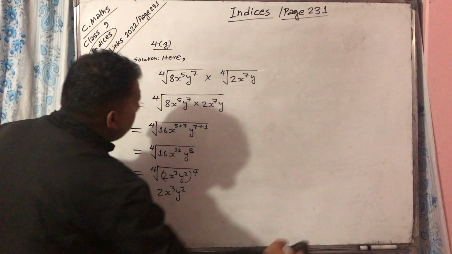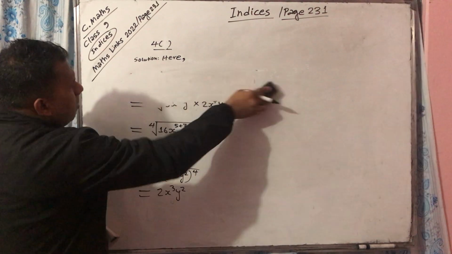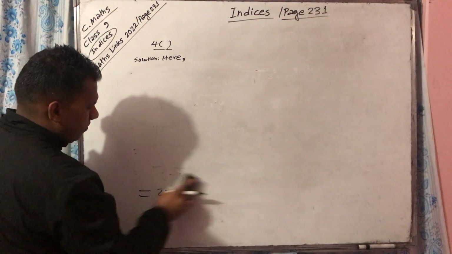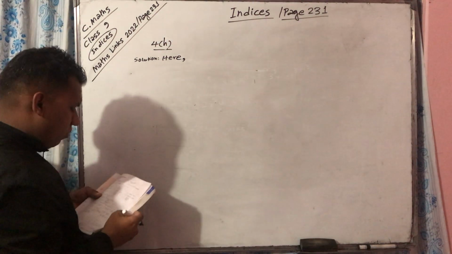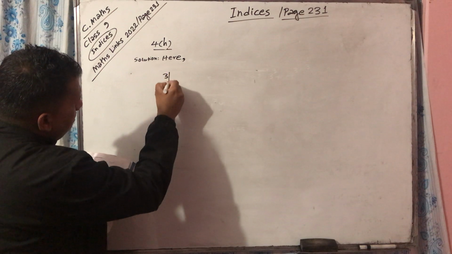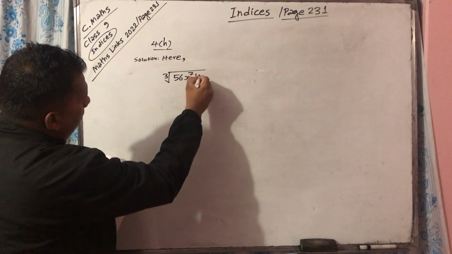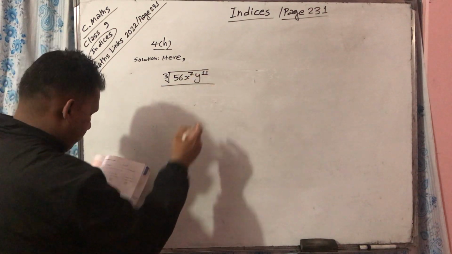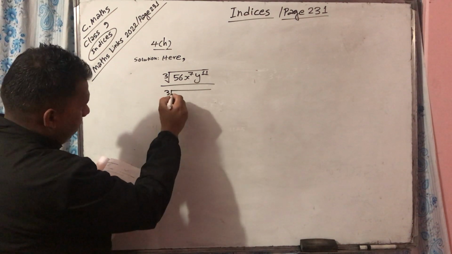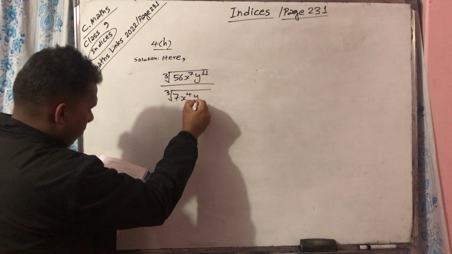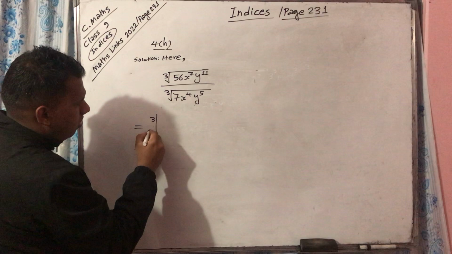Okay students, now question number 4h. We have cube root of 56 x to the power 7 y to the power 11 upon cube root of 7 x to the power 4 y to the power 5. Since the order is the same, we put it in a single root.